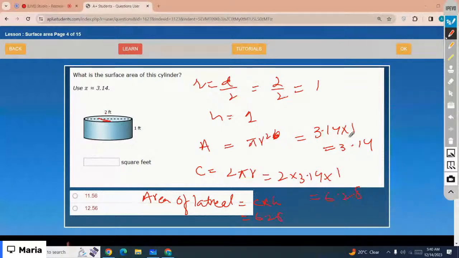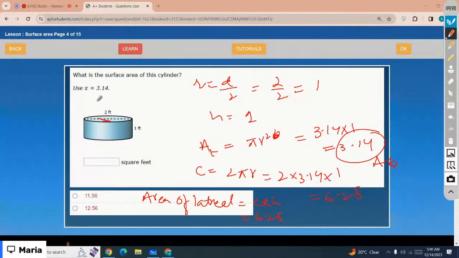Now just add the area of top and the area of bottom. They are the same, 3.14 each. So 3.14 plus 3.14 plus 6.28.